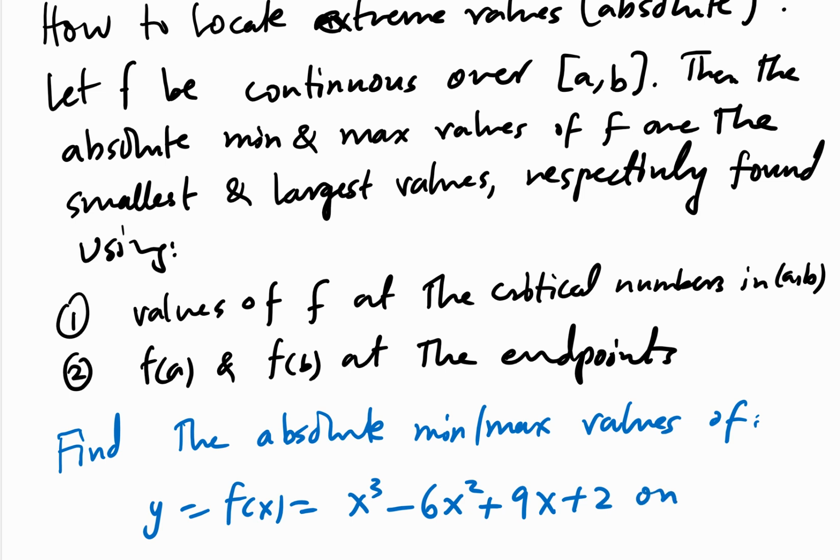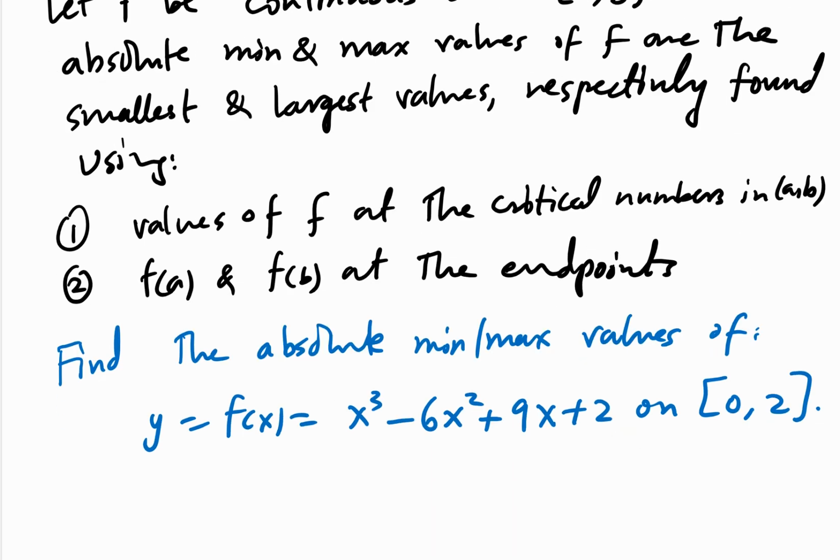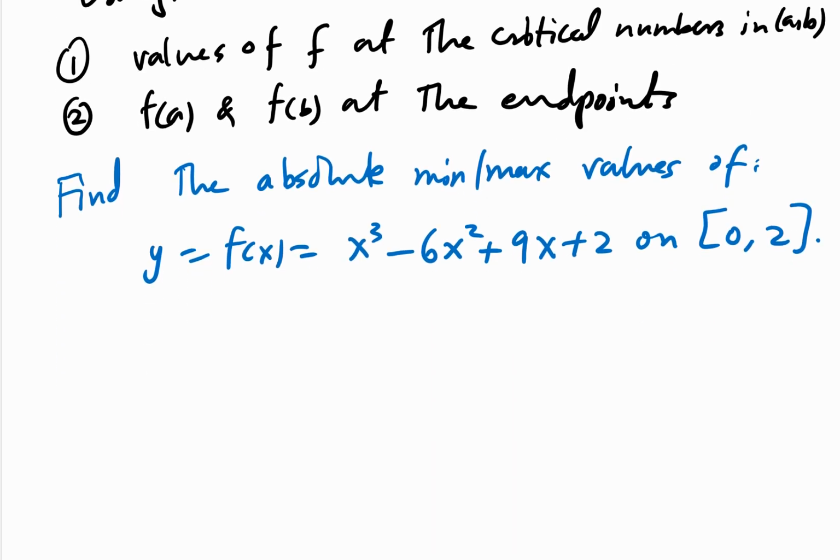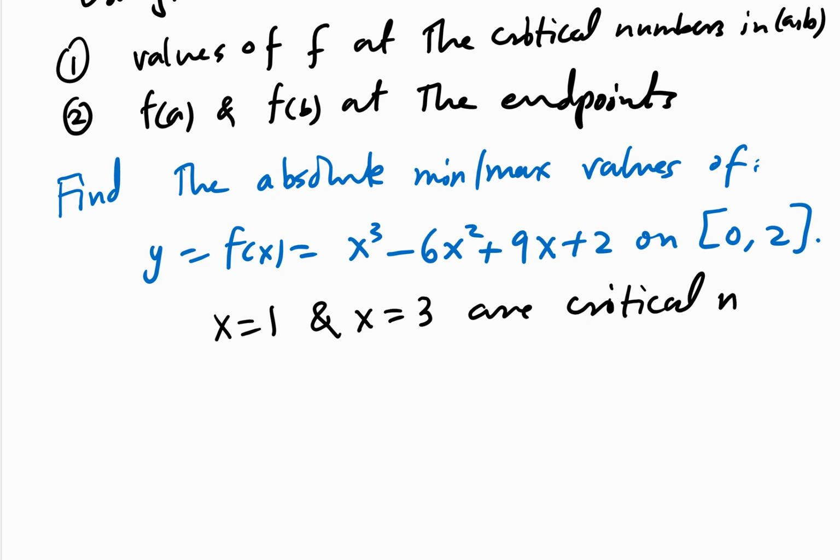Here I'm just going to add on the interval 0 to 2. So the numbers you work with must fall on that interval. We found earlier that x equals 1 and x equals 3 are critical numbers. But notice 3 is outside this interval, 0 to 2.